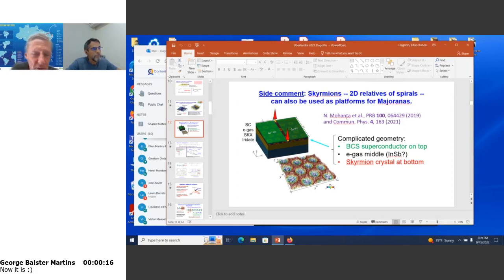Narayan Mohanta typically uses much more realistic numbers. You can find several papers of him, not only these ones. And indeed, because the gaps are much smaller, if you are realistic, the chain length has to be much larger.